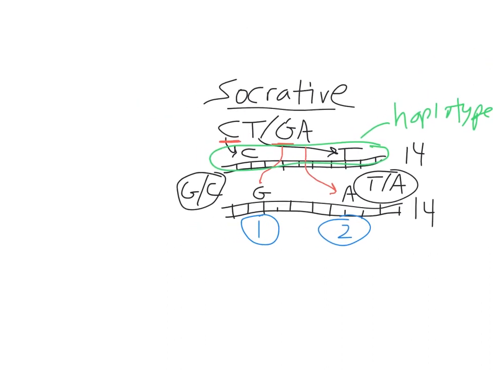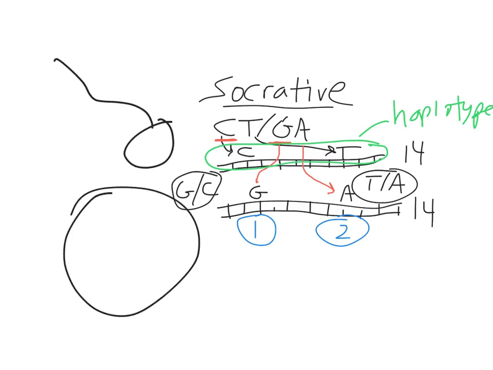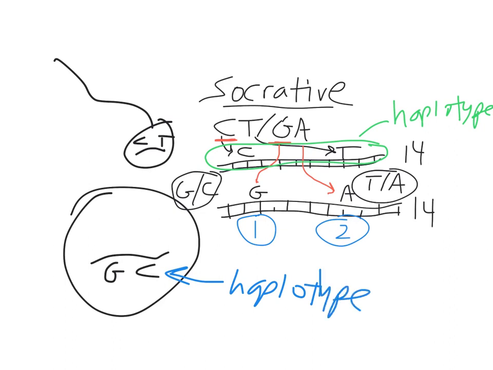To be a little more explicit, you could imagine going back in time, there's a sperm and an oocyte. The sperm had a chromosome that had a C and a T, so the haplotype of that sperm is CT. It kind of looks like a frowny face, but that's not what I intended. And the oocyte had a chromosome that had a G and an A on it. By themselves, each of those is a haplotype, because it's a list of the two nucleotides, at the genes we're worried about at the moment, that were in a gamete.